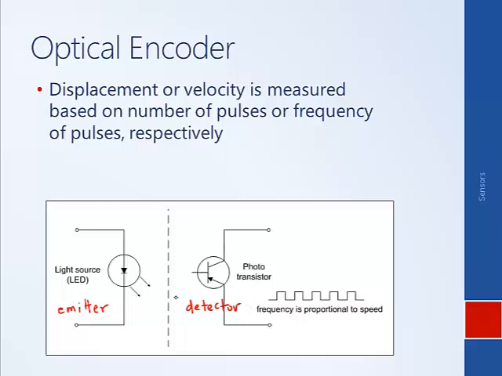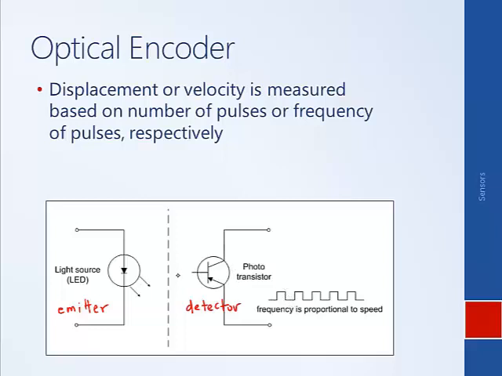So as this material moves, it alternately blocks the light and lets the light through. When the light is able to go through one of these gaps and reach the phototransistor, the phototransistor acts like a switch and it closes, and it causes the output to go high.